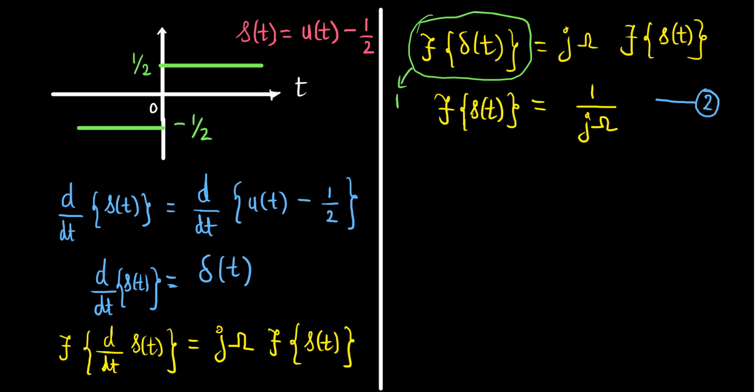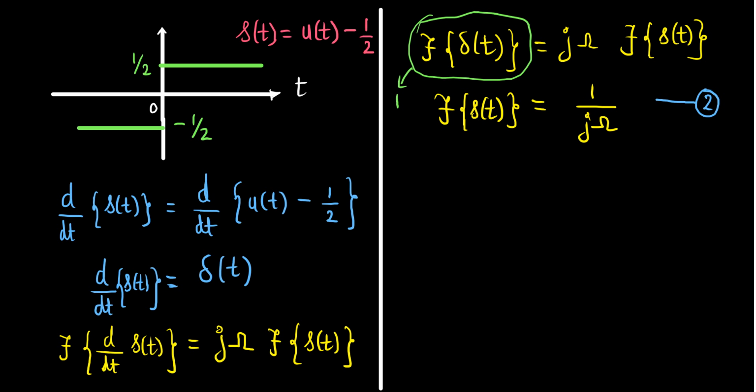The two different signals have the same Fourier transform. Now that should not happen, because this gives rise to a conflict with the uniqueness of the Fourier transform, since a signal must have a unique Fourier transform.